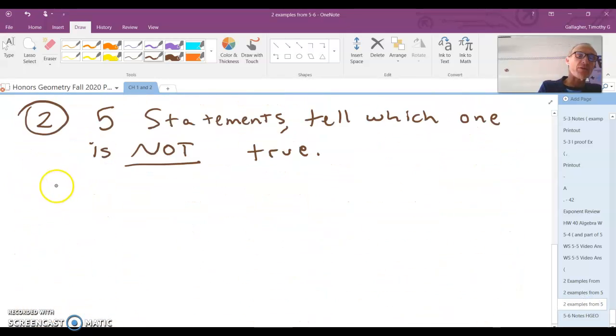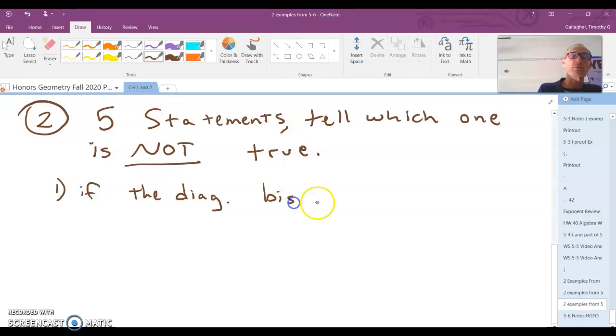All right, here are the 5 statements. Number 1: if the diagonals bisect each other, it's a parallelogram.